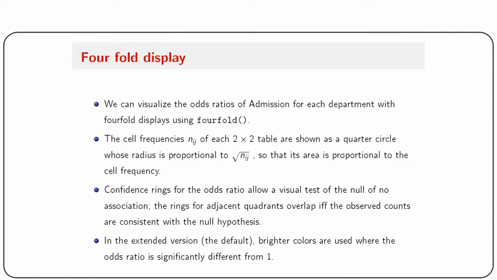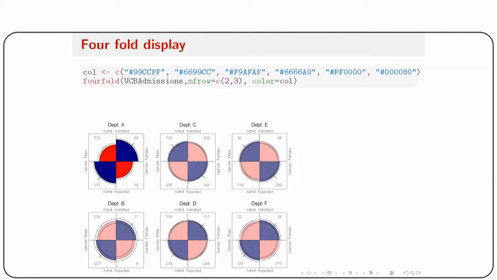If you see this example, fourfold is a function, and then the UCBAdmissions data is passed, and mfrow 2x3, a total of 6 plots, would be there. So 6 plots in 2x3 format are being displayed, and the color is specified at the top of the fourfold call that I used, and then it will be displayed in this manner.